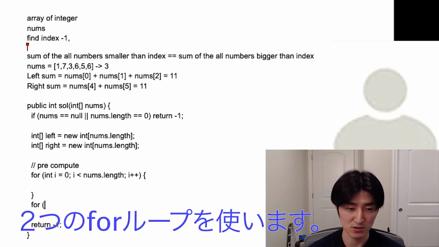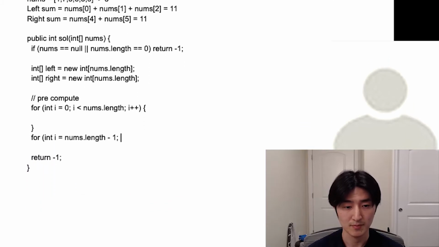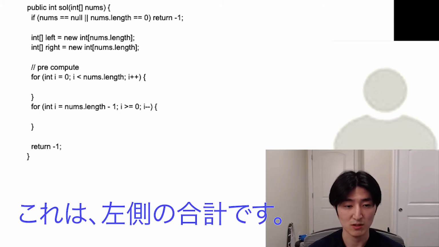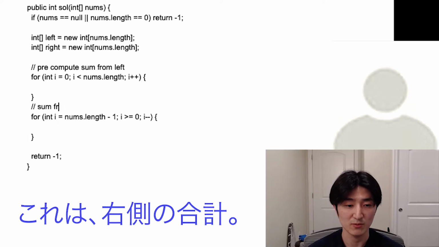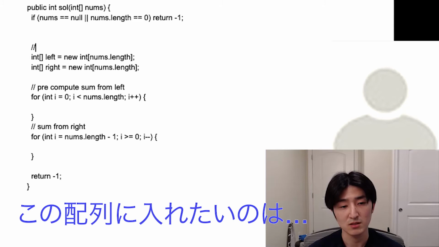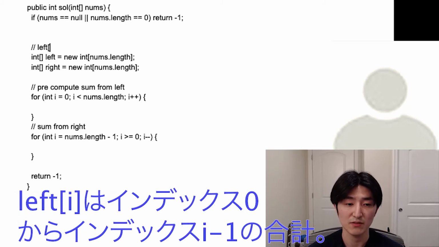Let me do the two loops. For this one, sum from left. This one is sum from right. And what I want to store is, left I is the sum from index 0 to index I minus 1.